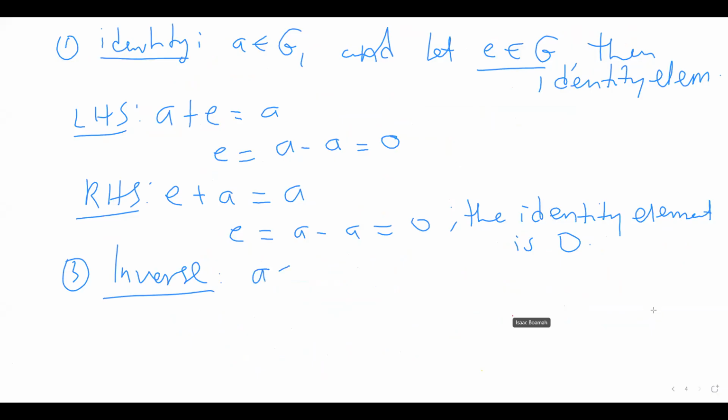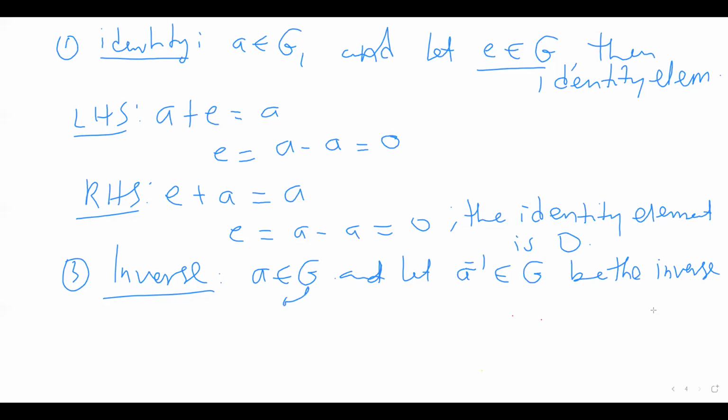So if we take an element A in the set G, and we let A to the power minus 1, also in G, be the inverse of A, then I'll write the following. Then we say that A plus A inverse should give us the identity.